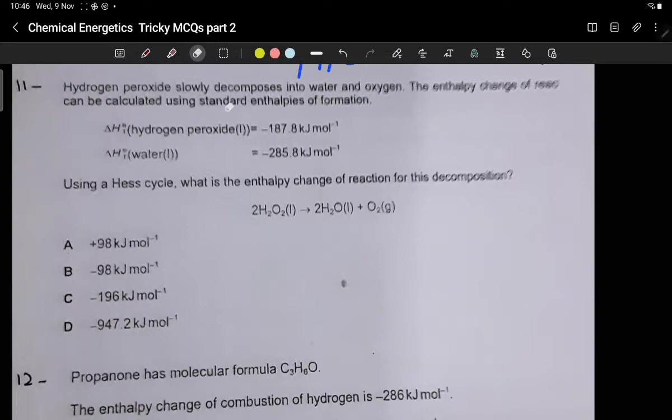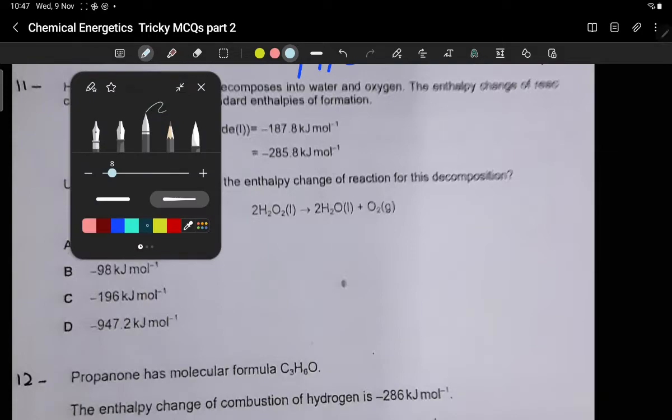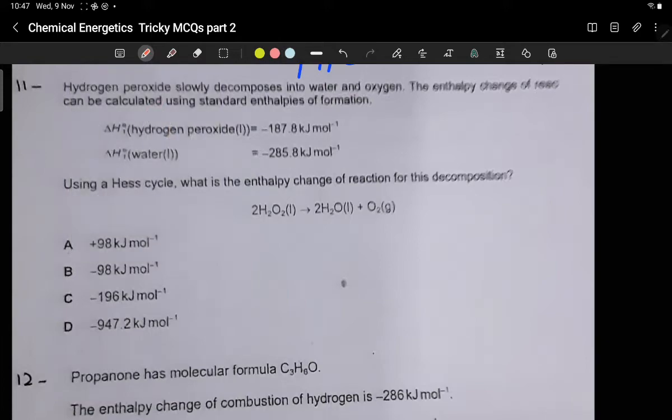Question number 11. Hydrogen peroxide slowly decomposes into water and oxygen. The enthalpy change of reaction can be calculated using standard enthalpy change of formation. Draw the cycle: H2O2, H2O, and draw another cycle.